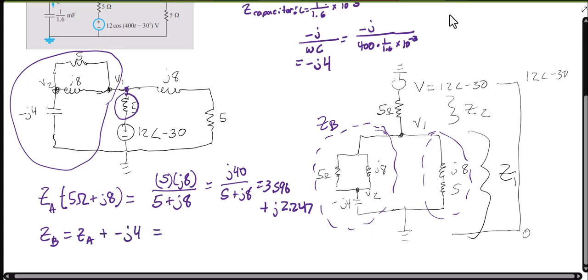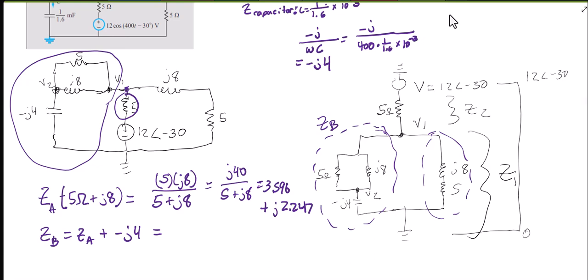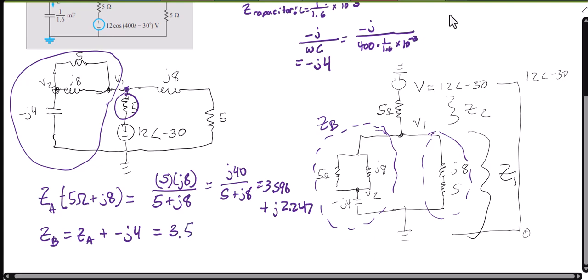Well, that's real easy, I just have to add minus J4 to that. And that gets me 3.596 minus J1.728.